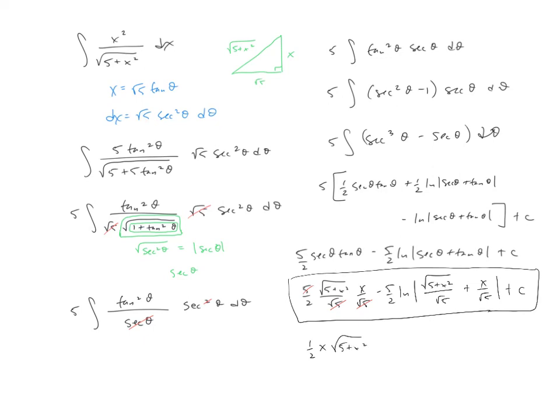And then similar on the other one, I'm going to call this minus 5/2 natural log absolute value of root 5 plus x squared plus x all over root 5 plus c. And full disclosure, the book, depending on how picky my math lab can be, the book might give you this as a final answer.